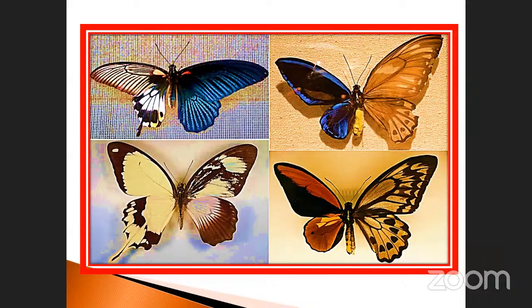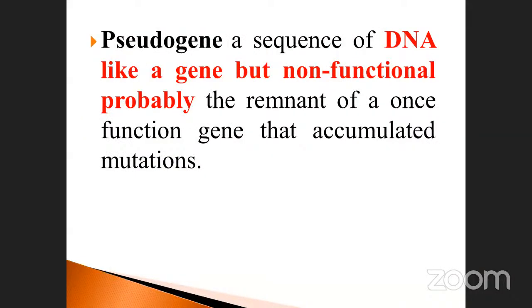See that one. Pseudogenes. What is meant by pseudogenes? Already told you, a non-functional gene is called a pseudogene. A pseudogene is a sequence of DNA like a gene, but probably not functional.